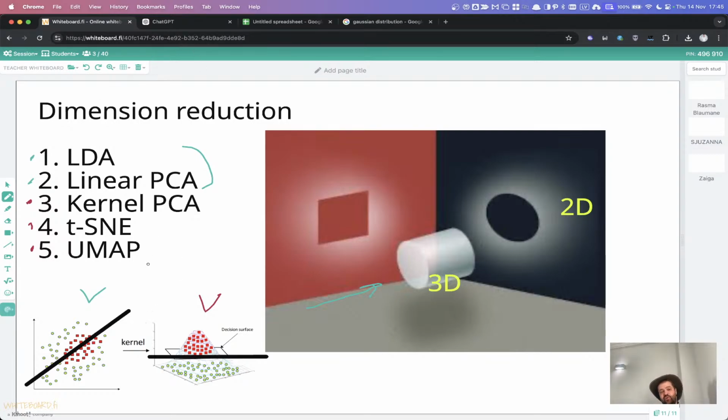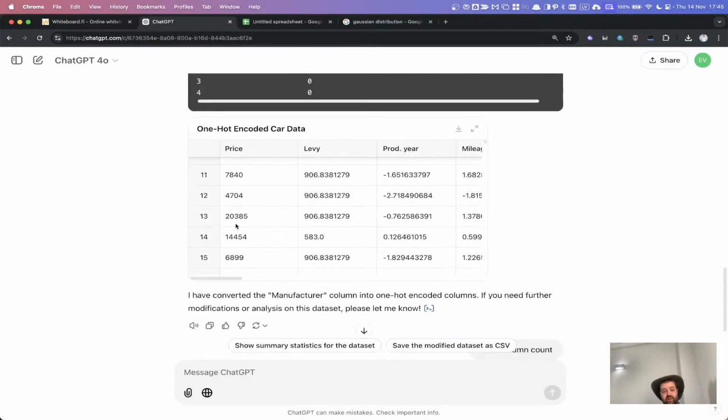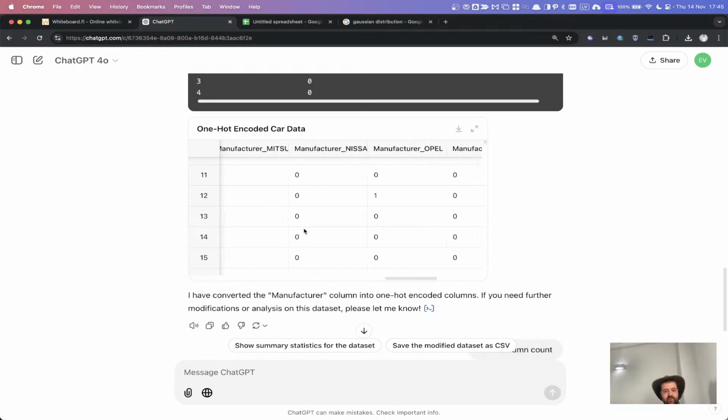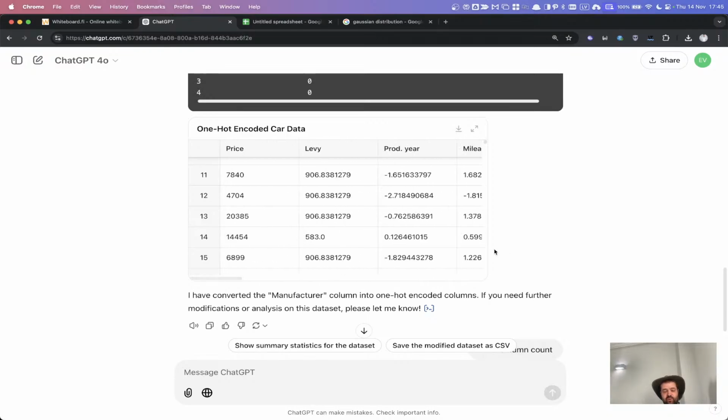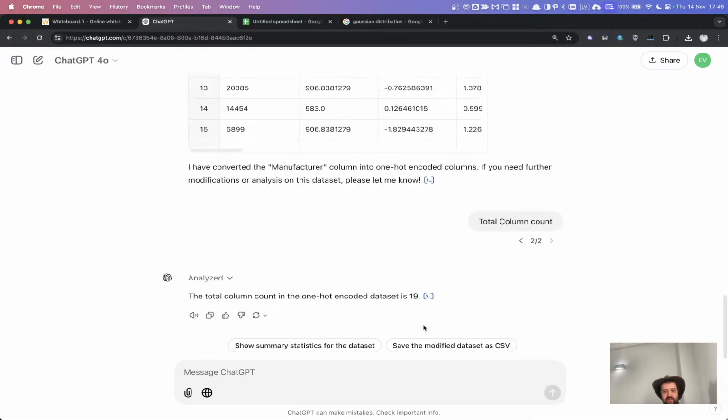And if you would do this in Excel, it would take you forever. If you do this in ChatGPT, and all of your data is in numerical format, you can do it very quickly, and you can discover great things in your data. So how to do this? Let's try to do this.